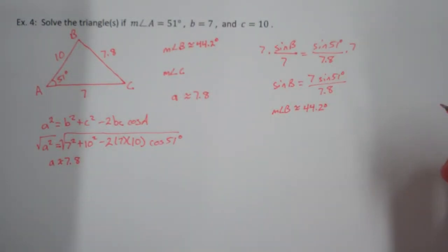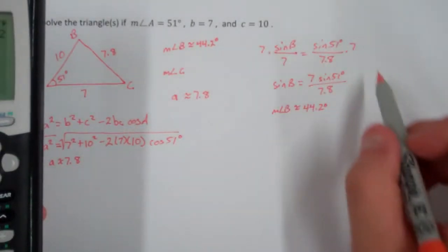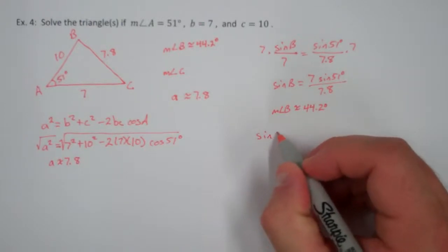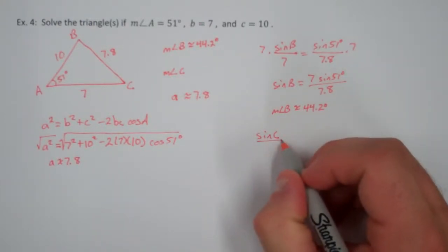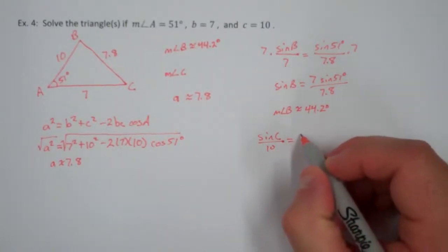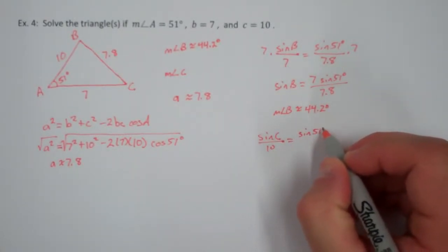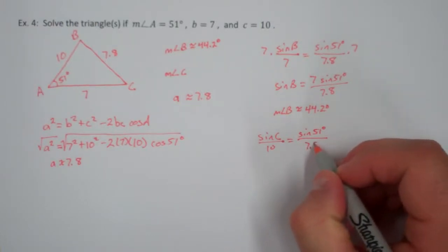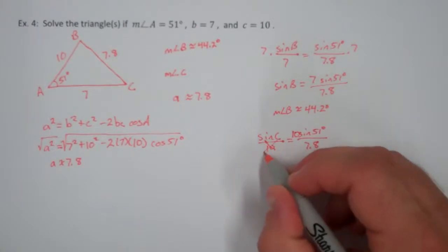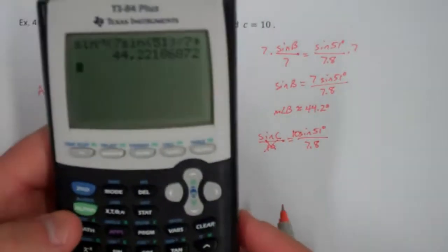I like to make sure that I've got my math right, so I just run this whole setup again, except I'm going to do it with C. So I've got the sine of C over its opposite side, which is 10, is equal to the sine of 51 over 7.8. We know we're going to have to multiply each side by 10, and then we're just going to need to do the inverse here.